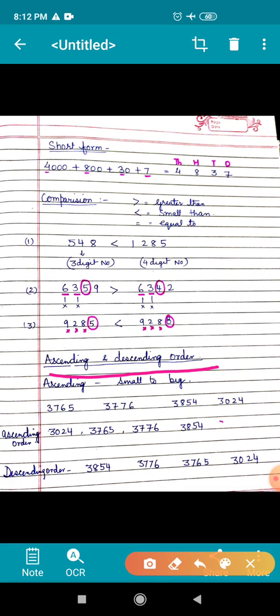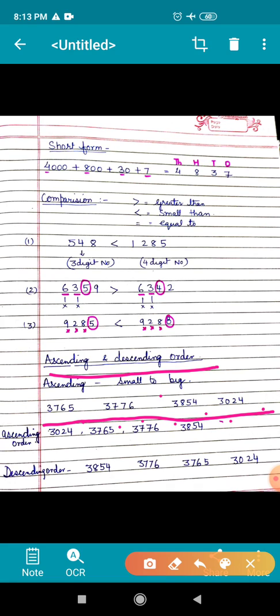Children, as you all know, ascending order means arrange the numbers from small to big. Here is the example. Four numbers are given there: 3765, 3776, 3854 and 3024. Now you have to write ascending order.